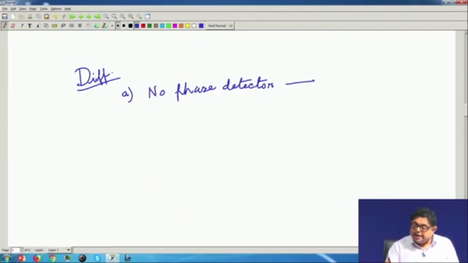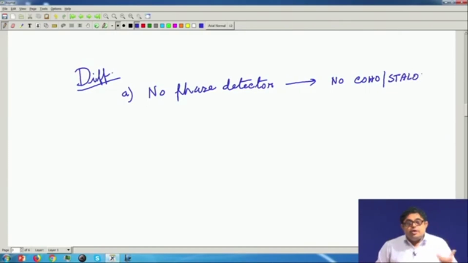So, we can say that the fallout is no coho stello concept. So, stability is not so important from the RF oscillator. Basically, one local oscillator is there with moderate stability.